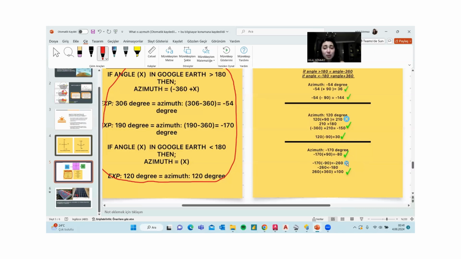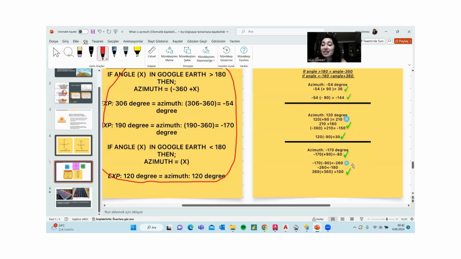We have to again ask ourselves, is our angle greater than 180 degrees? No. But is this angle less than minus 180 degrees? Yes, and it is not allowed.